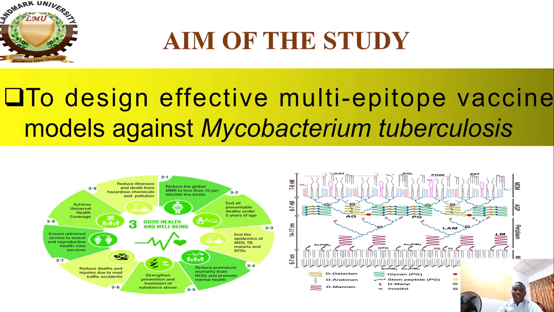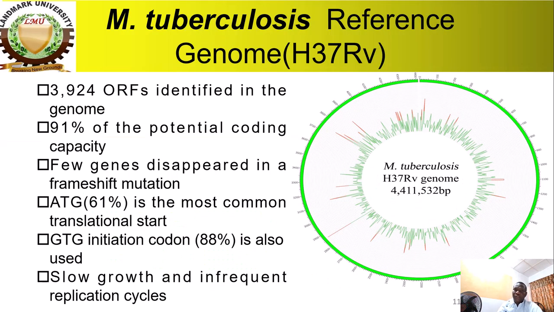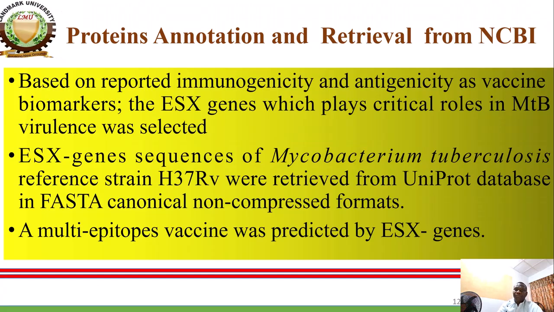The aim of this study is in line with Goal 3 of the Sustainable Development Goals, which is good health and well-being, and it is to design an effective multi-epitope vaccine by the use of a computational method. This is the reference genome of H37Rv, which has a genome of more than 4.4 million base pairs.